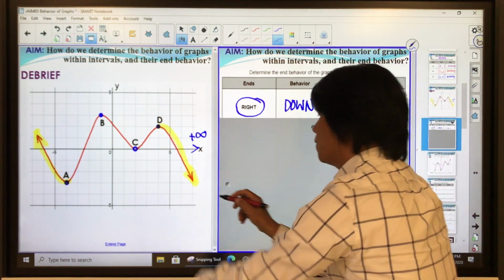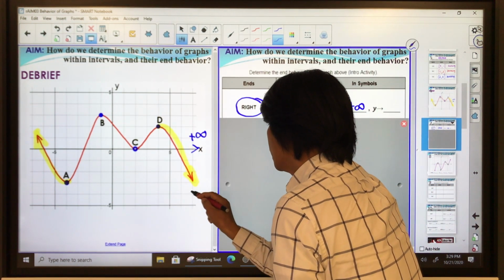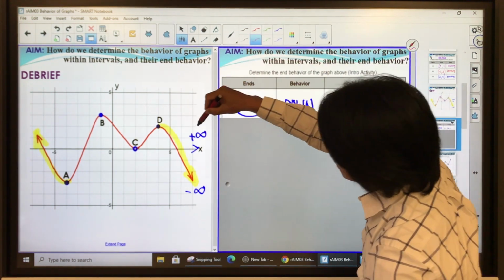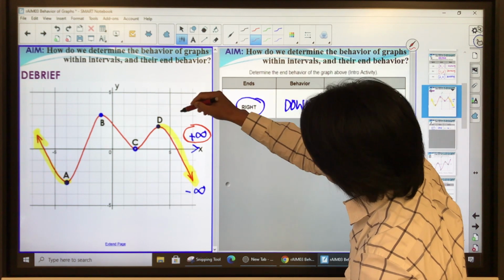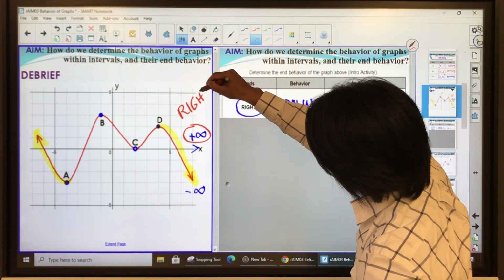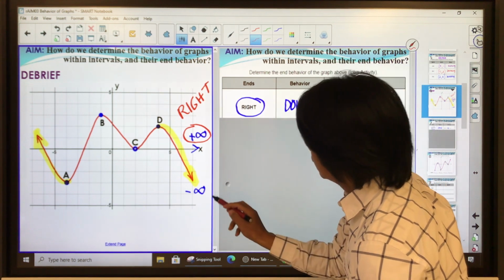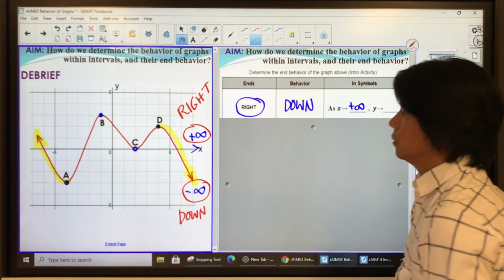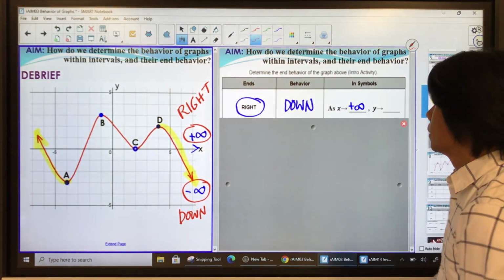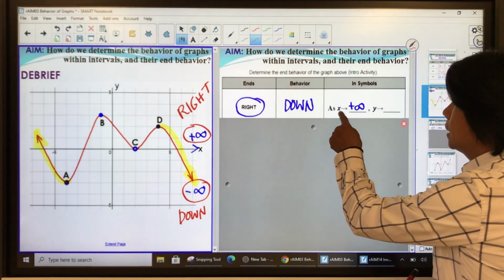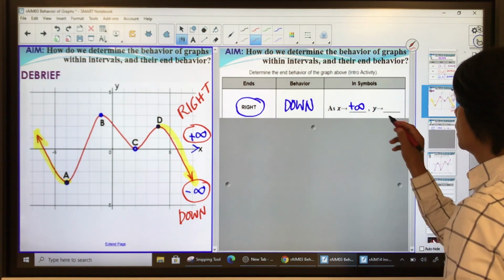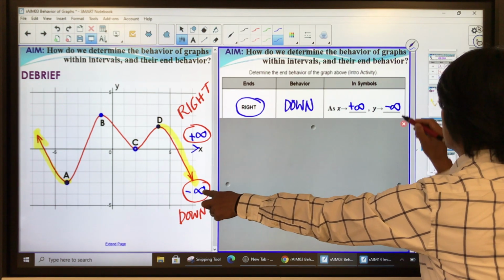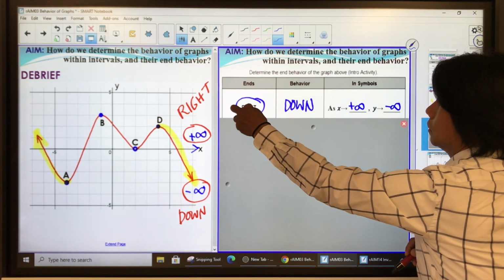So that's the y value, which is negative infinity because it's going down. In other words, this symbol represents right. And this symbol represents it's going down. Got it? So, as x approaches positive infinity, y approaches negative infinity. That is on the right end.